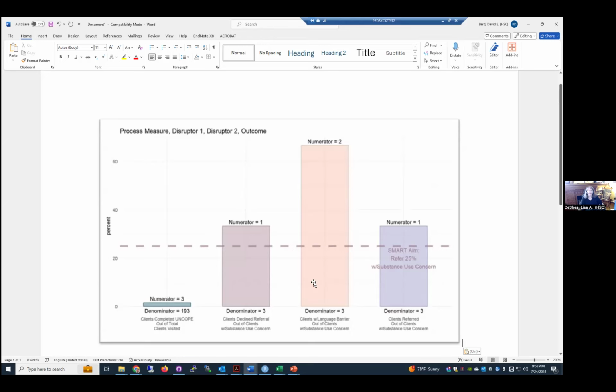Now, the initial focus of your presentation, however, of course, will be your last PDSA that you're going to be presenting. So this will be at the end to summarize. Now, in sum, here's what we've done, here's what we've learned, here's how our practice has changed.